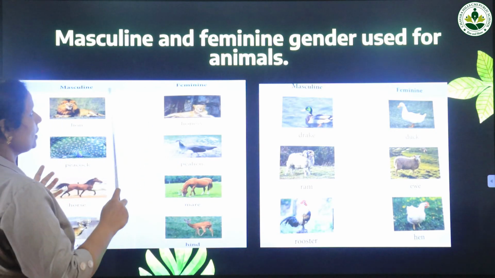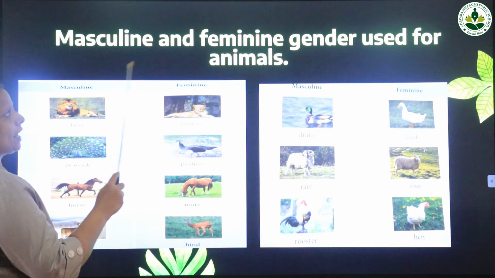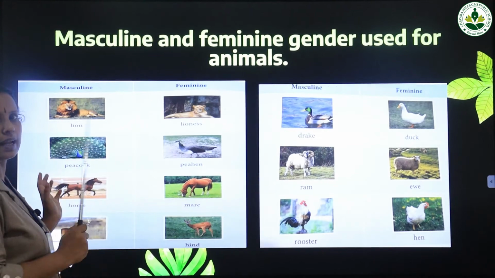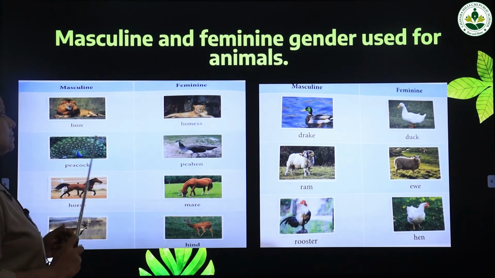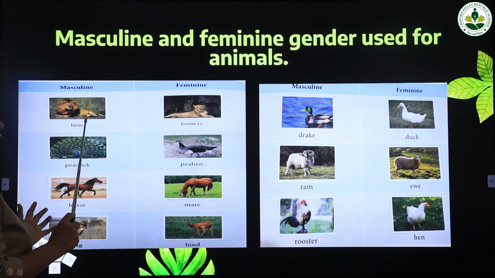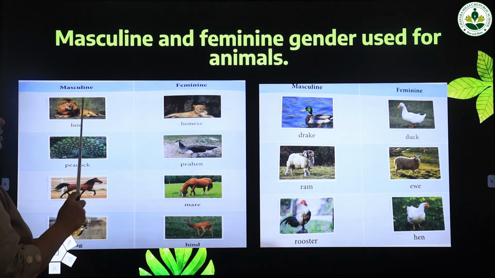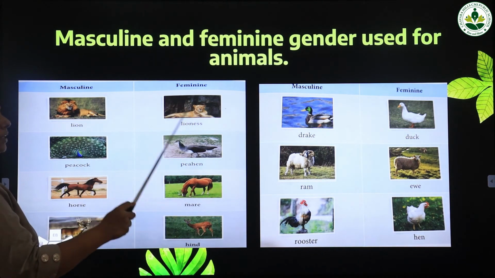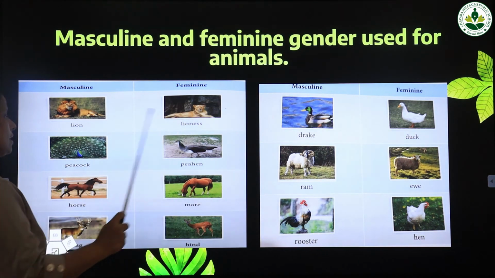Then here are some masculine and feminine genders used for animals. Among animals also there are male and female animals. Lion is a male animal, the feminine is lioness.